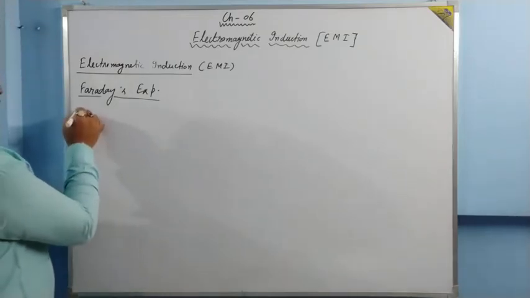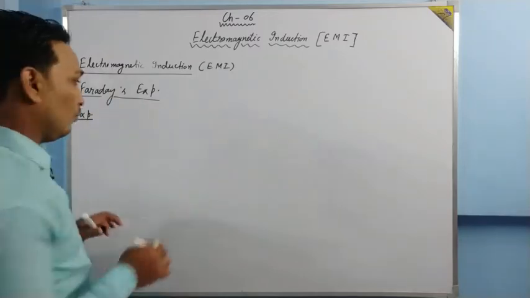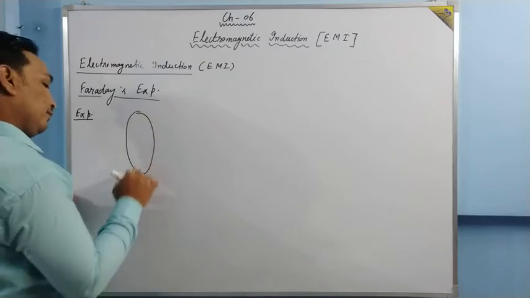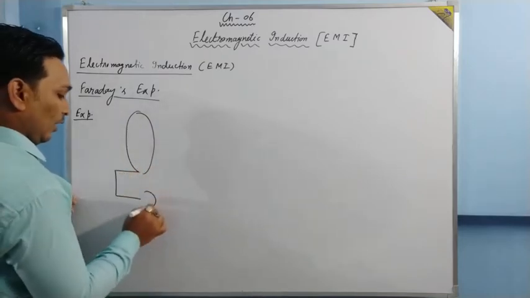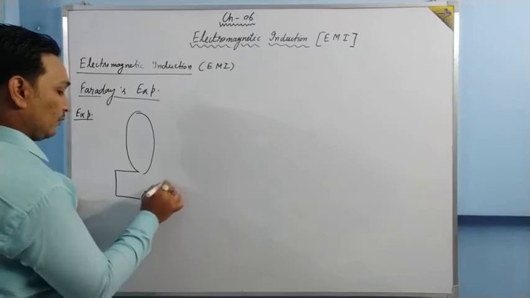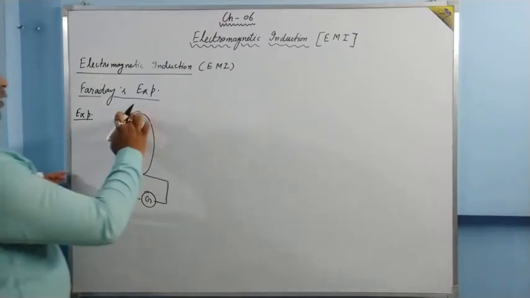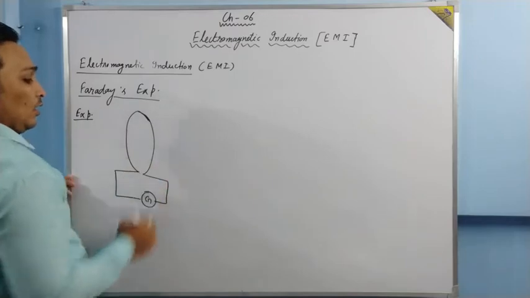So first let us see what the experiment is, then I'll explain what his discovery was. Suppose a current loop is connected with a galvanometer. A galvanometer is a device which detects the current in the circuit. We have done the moving coil galvanometer in chapter number 4.